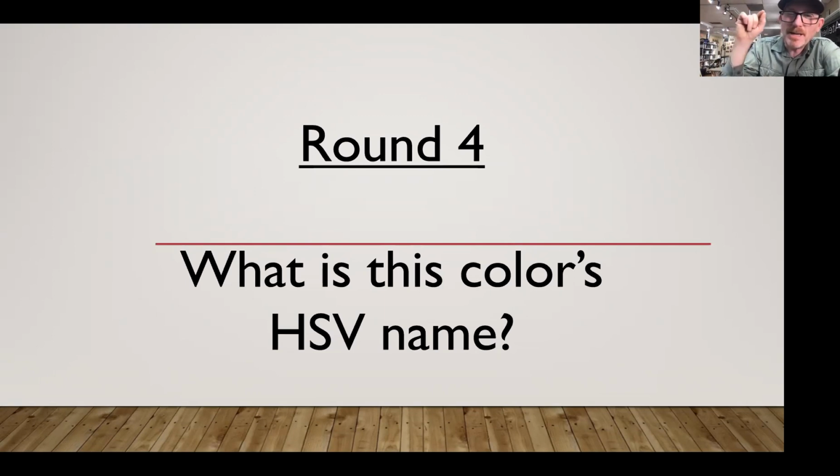You guys ready to put it all together? Okay. We're gonna be color wizards here. I want the HSV name. That's the hue, saturation, value name, right? So we're gonna put all 3 together. I'm gonna show you this one, and I don't see how we're gonna do this if we scream it out. So maybe we should type these up. All right, I got everyone's attention. Open up your chat and type in, here's what we want to type in. Red, orange, yellow, blue, right? Those you can put with R, O, Y, B, things like that.